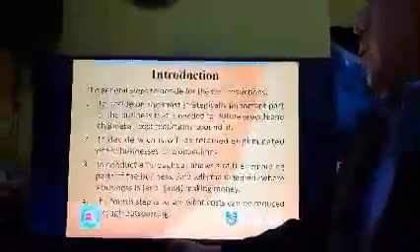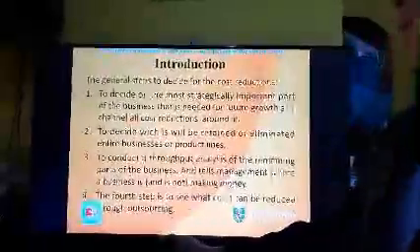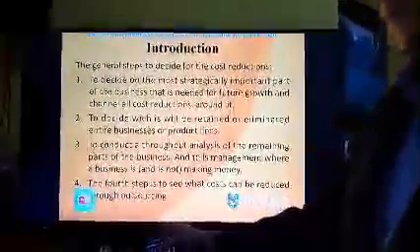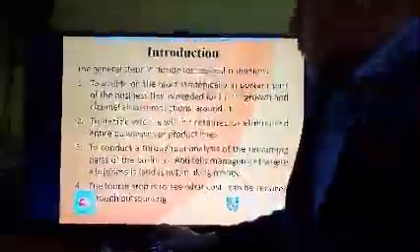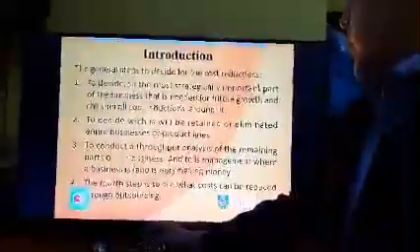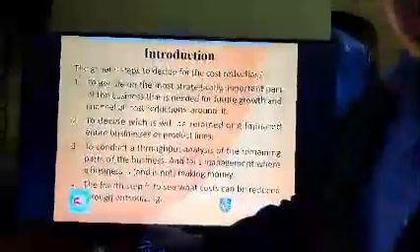Third, we must conduct a throughput analysis of the remaining part of the business and tell management which is making profit or not making profit. And fourth, we need to know the steps to see what cost can be reduced through outsourcing.